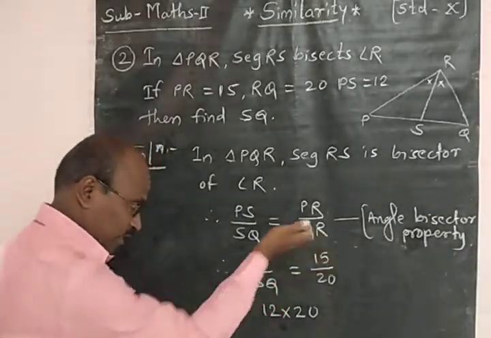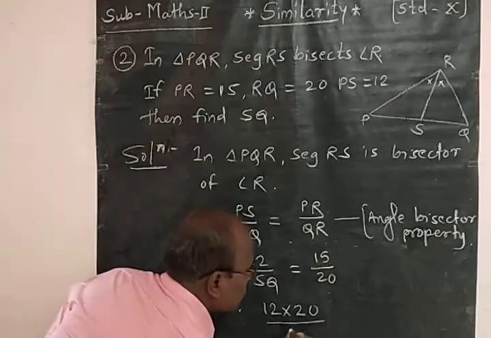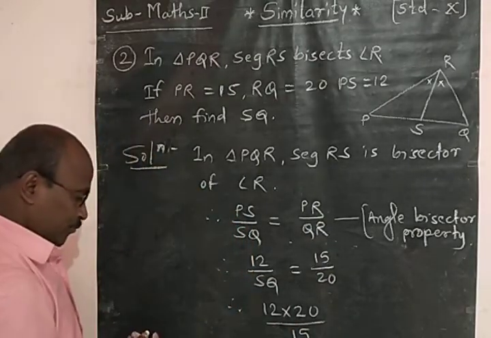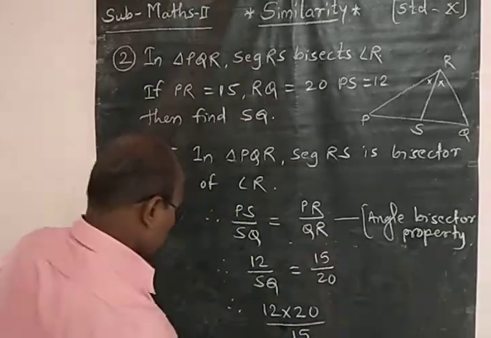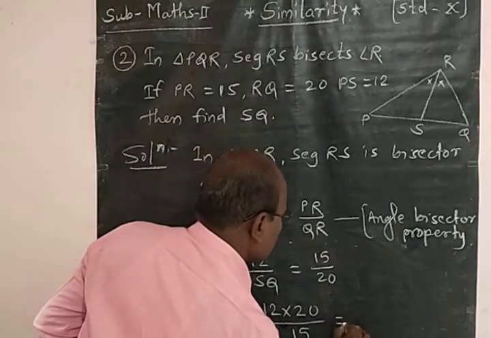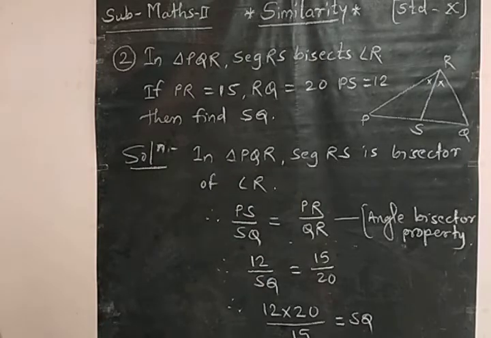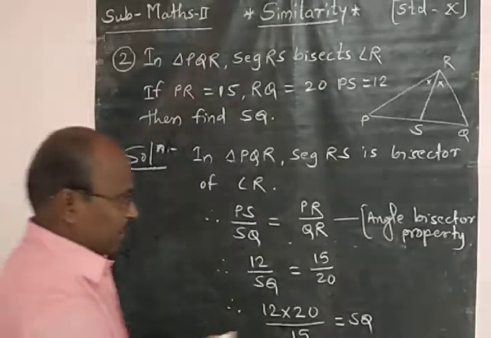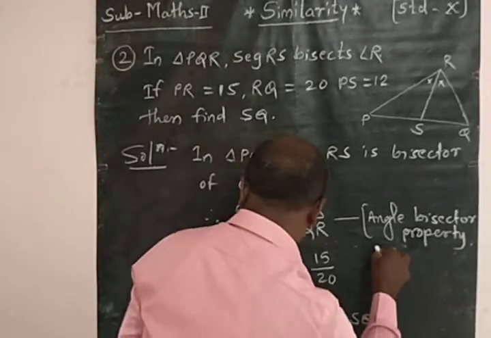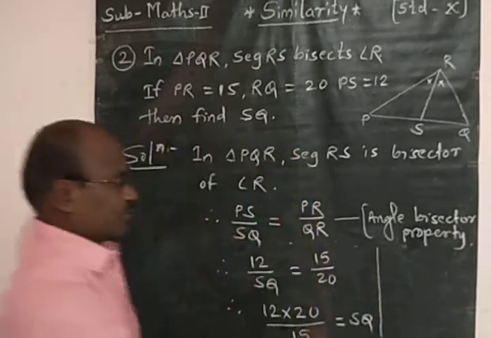Now take this 15 to this side. Here is 15. That is equal to how much? SQ. Therefore, what will we get? Now look here. We will get.